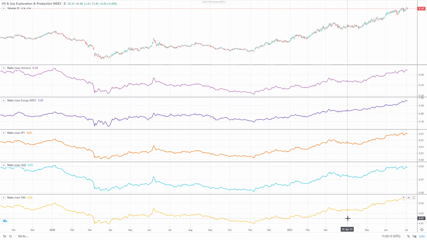So when you see a relative chart like this outperforming across all five of the comparisons, then this is certainly an area that's showing market strength no matter how you look at it. And that's really all we're looking for from here. We have the other three pillars to get us a good idea of where we want to focus and where we're going.